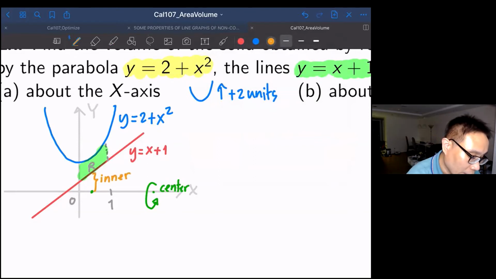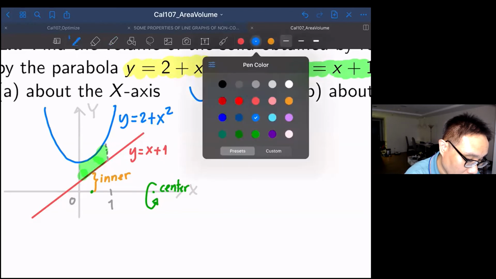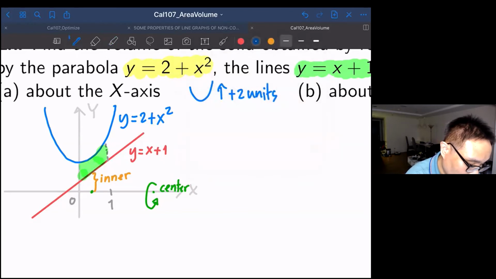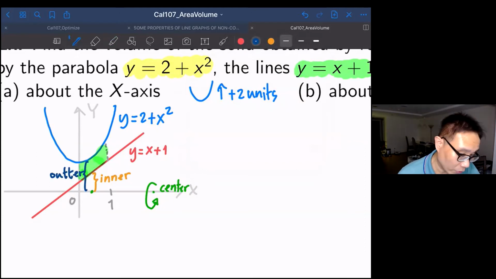And you have the outer one. Let me erase this R because it's going to be confusing. So you have the inner one and the outer one, which is this one. So you have the inner and the outer.